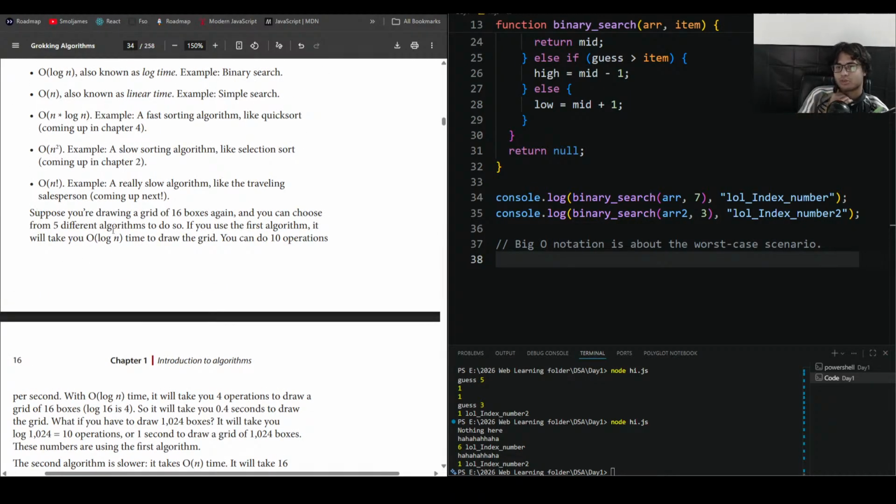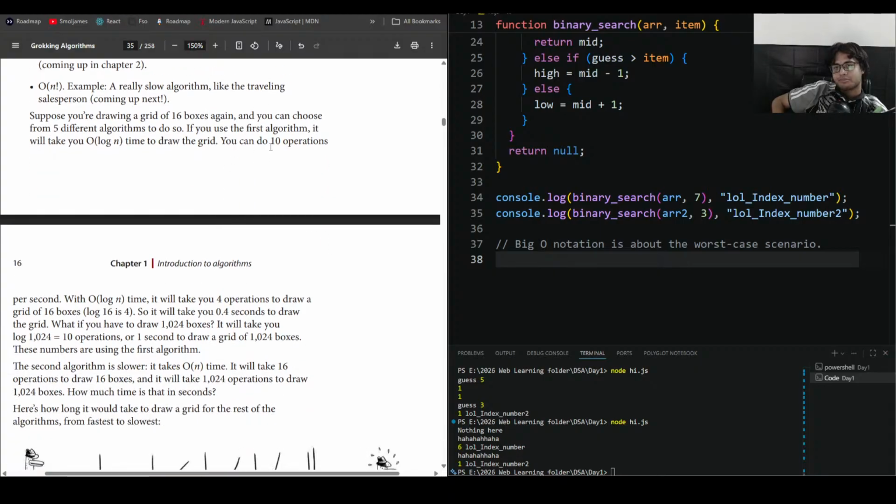Suppose you are drawing a grid of 16 boxes again, and you can choose from 5 different algorithms to do so. If you use the first algorithm, it will take you O(log n) time to draw the grid. You can do 10 operations per second. With O(log n), it will take you 4 operations to do a grid of 16 boxes.